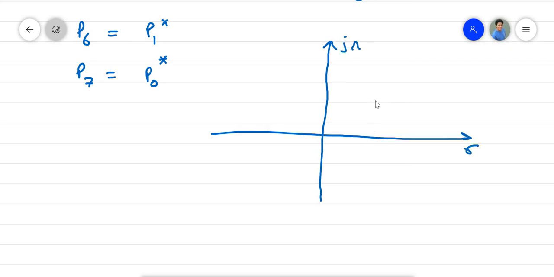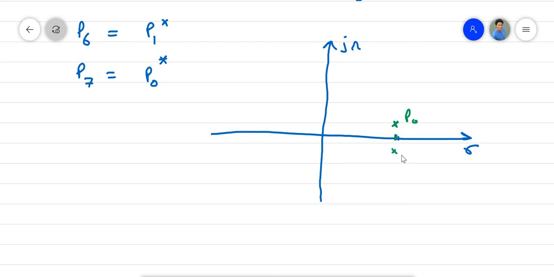So P0 is 0.924 at the real point. So let's say it is 0.924, and the positive j 0.383. So let's say it is located at some point here. Its complex conjugate is on the negative side of the imaginary axis, but with the same magnitude. So it is with 0.924 positive.